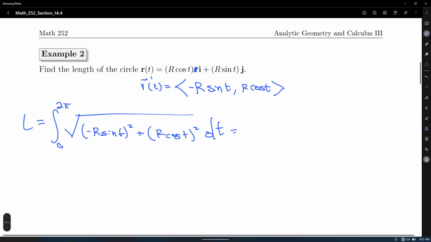Well, what's that going to be? Number 1, that's the integral from 0 to 2 pi of the square root of r squared sine squared t plus r squared cosine squared t dt.